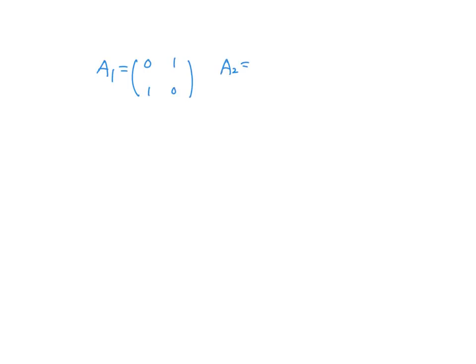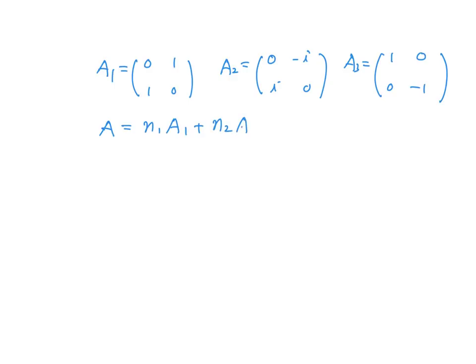A2 is 0, minus i, i, 0. A3 is 1, 0, 0, minus 1. And I define the new matrix A as n1 A1 plus n2 A2 plus n3 A3, right?